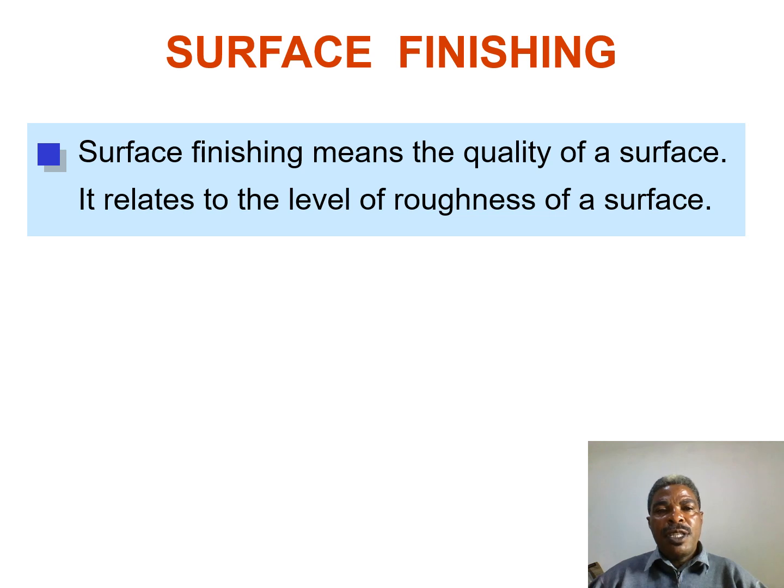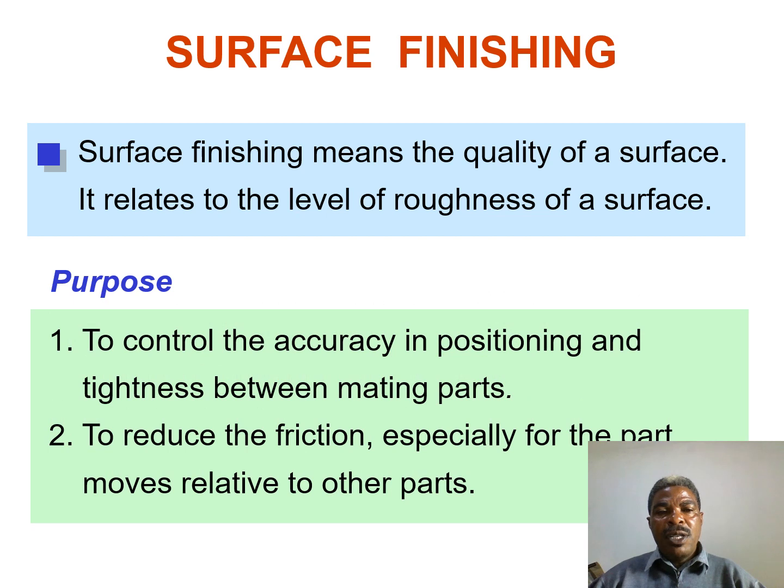Surface finishing means the quality of a surface. It relates to the level of roughness of a surface. The purpose is to control the accuracy in the positioning and tightness between the mating parts. If it is very rough, it can be very difficult for it to be fixed.